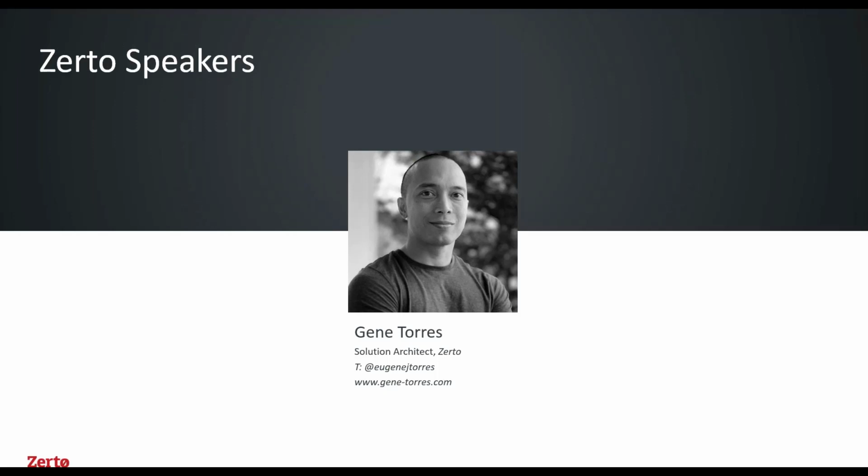If you have a partner that you love working with, or you always work with, you can reach out to them and see if they've got the resources to help you build and plan that network out. Even the local Zerto team will be able to give you some ideas on how to accomplish that in your environment. You can reach out to me on Twitter or my website, and we can start a conversation there, and I can help you out as well.